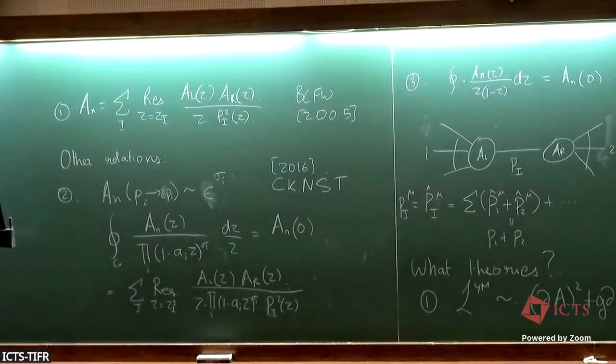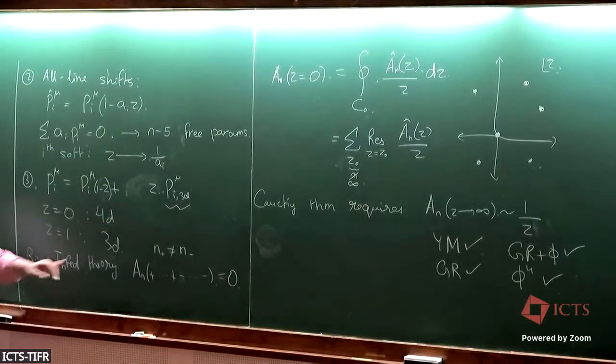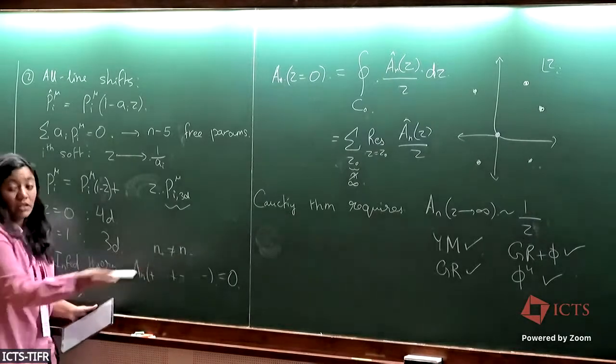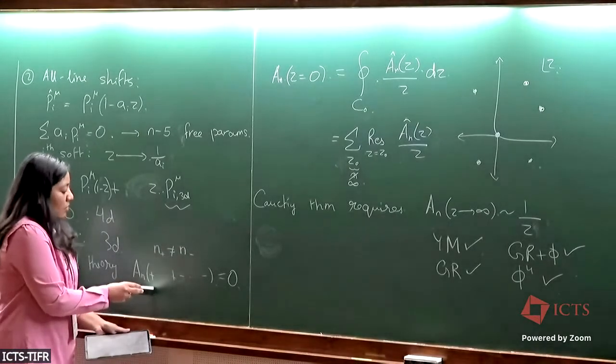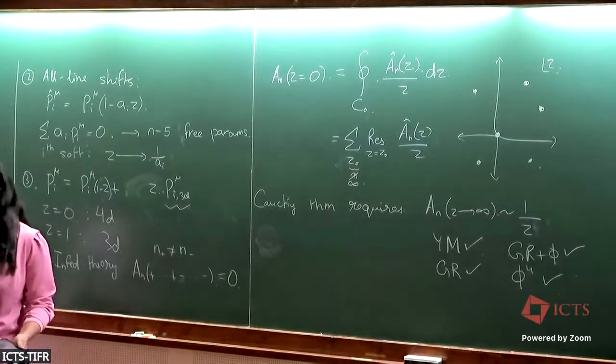So basically what I'm trying to say is, in this theory, you can show that if n plus doesn't equal n minus, this amplitude is 0, and you can show it recursively because you know that in 3D, this thing vanishes. So this is an example of how you can use recursion relations, even at tree level, to say something interesting to all n about the theory. In this case, it would be the statement that Born-Infeld amplitudes do conserve helicity. They never violate helicity.